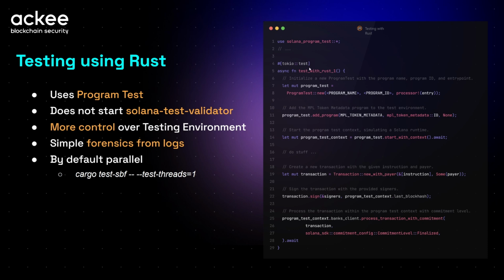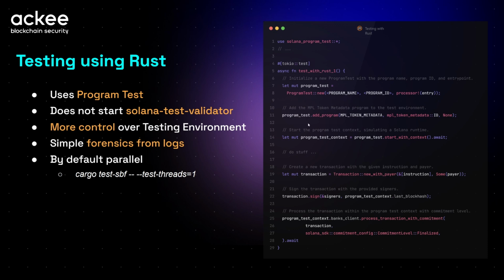You specify the Tokio test macro that tells that this function serves the purpose of testing. The first thing that you are going to do is create the program test, where the inputs of the function new are the program name, program ID, and the entry point of your program.